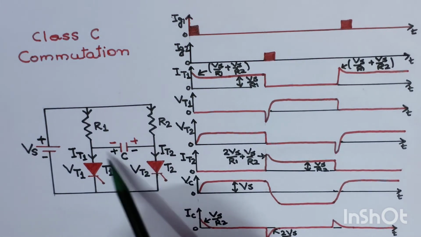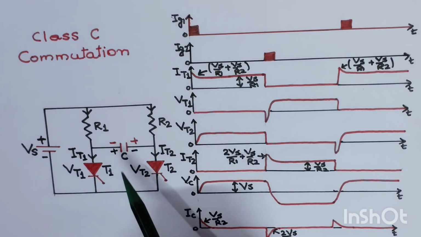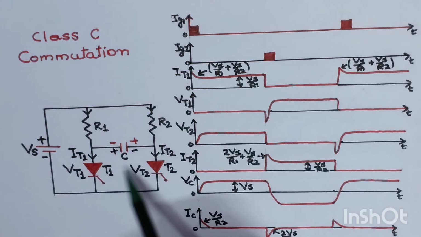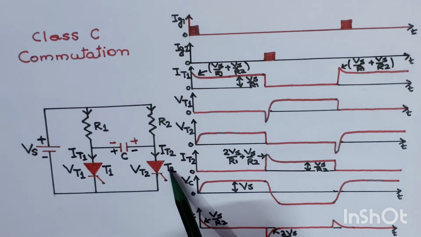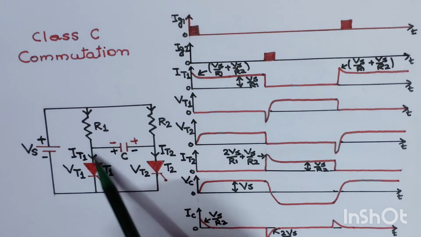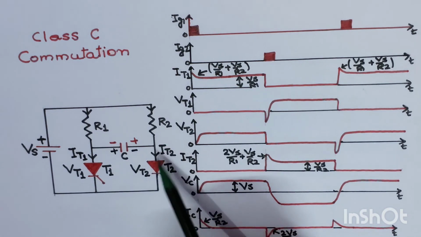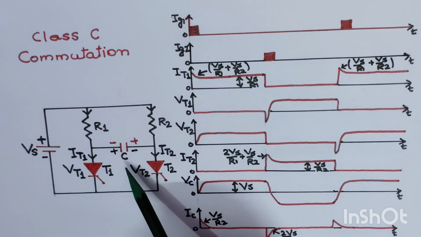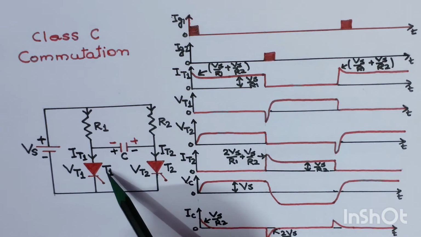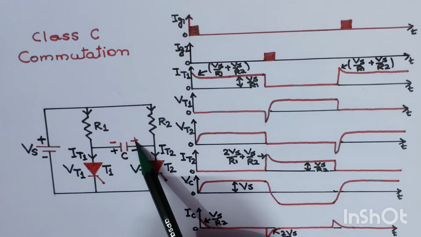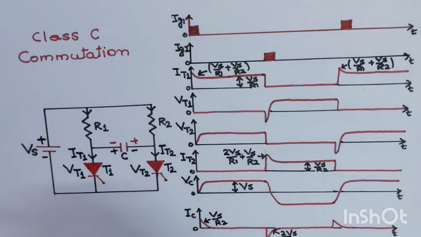Let us see once more in brief: this is the overall circuit diagram of the class C commutation, where we have two thyristors, T1 and T2, and two branches, one through resistance R1 and another through resistance R2, and in between we have connected a capacitor C. Initially let us consider that thyristor T1 is conducting, so the capacitor is charged with plus on the right side and negative on the left side.